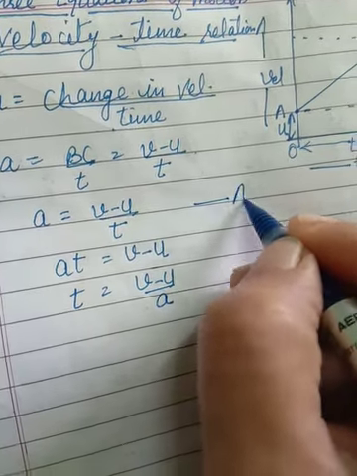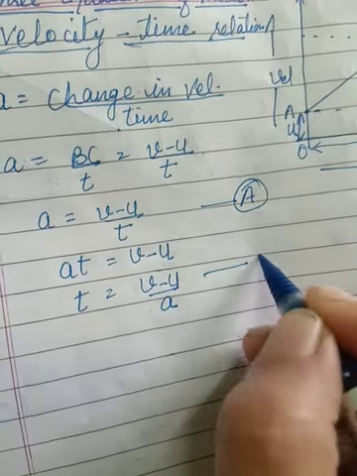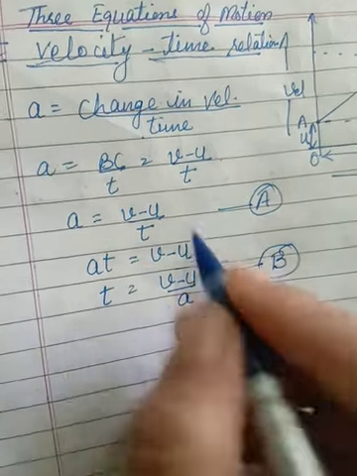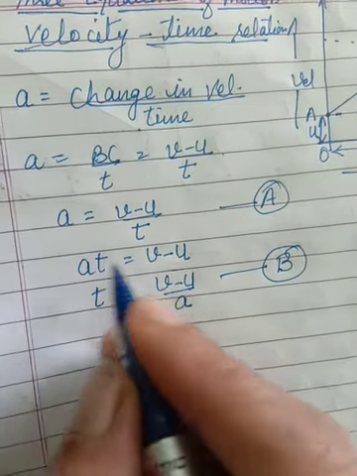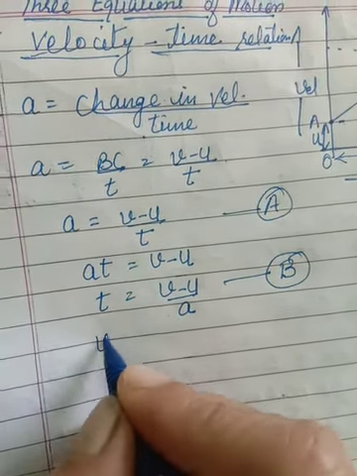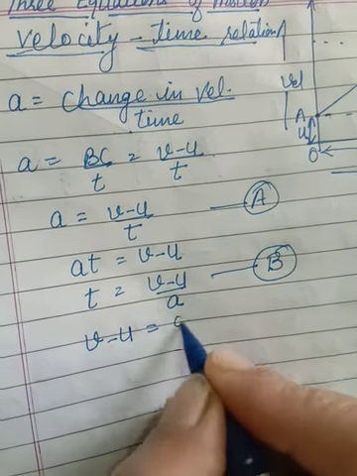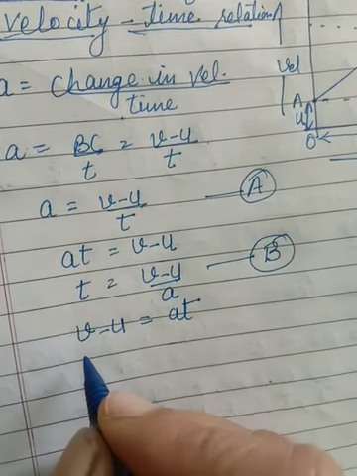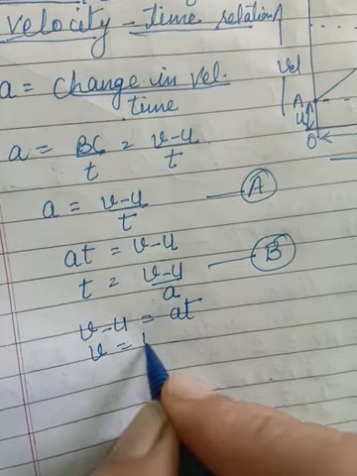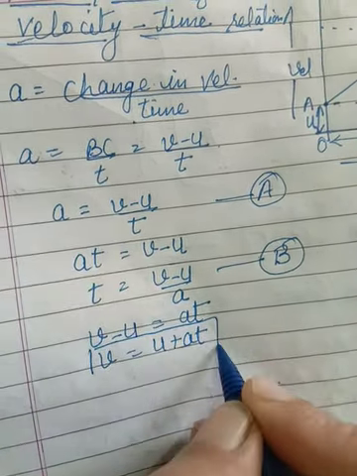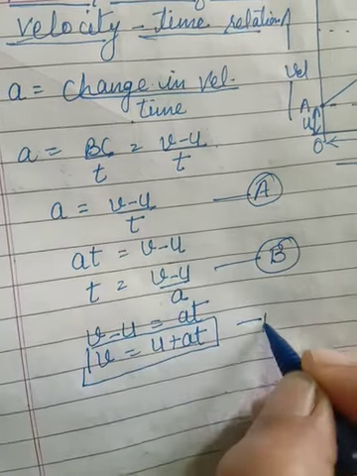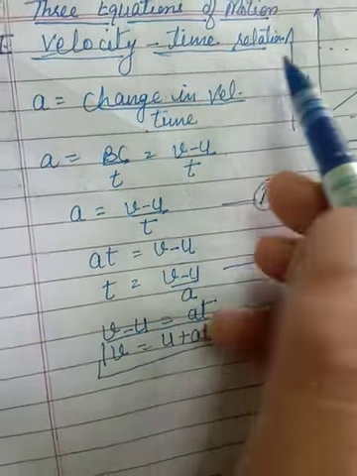I am calling it equation A, and this one equation B. Now from equation A, at equals v minus u, or you can write v minus u equals at. So here we can say that v equals u plus at. So this is our first equation of motion. This is called the velocity time relation.